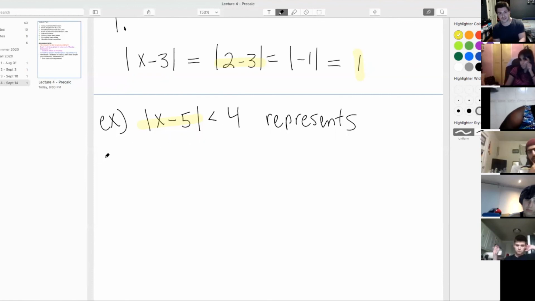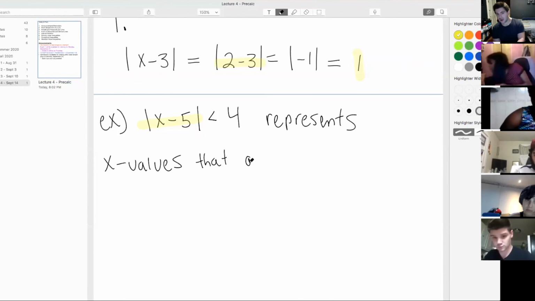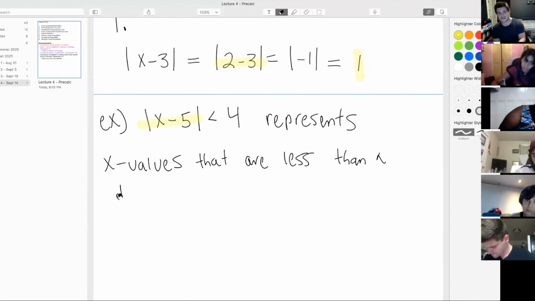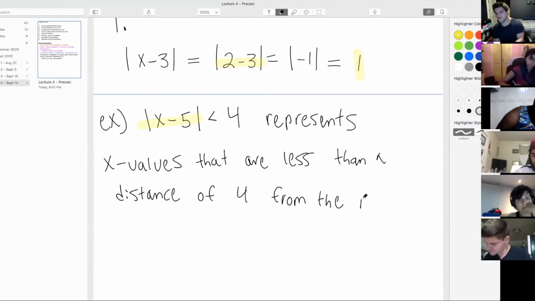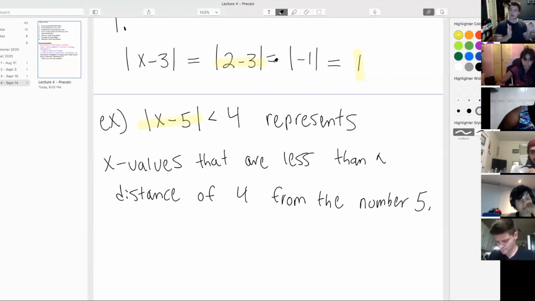So this represents x values that are less than a distance of 4 from the number 5. Okay, that's what this inequality represents visually. It's all x values that are less than a distance of 4 from the number 5.